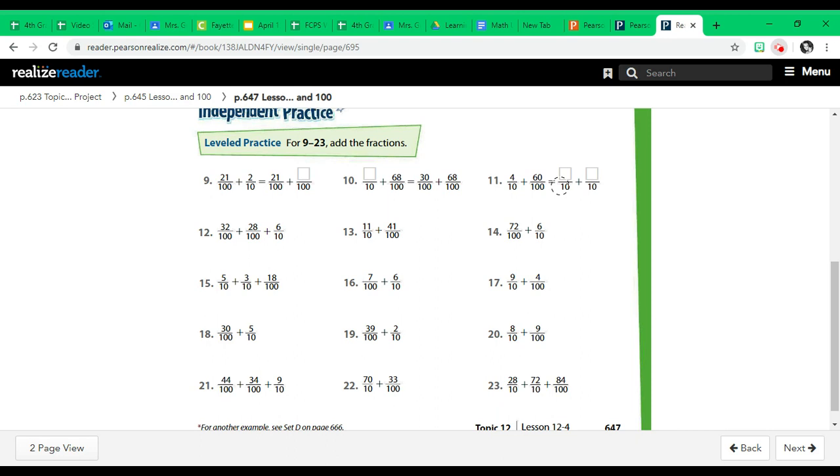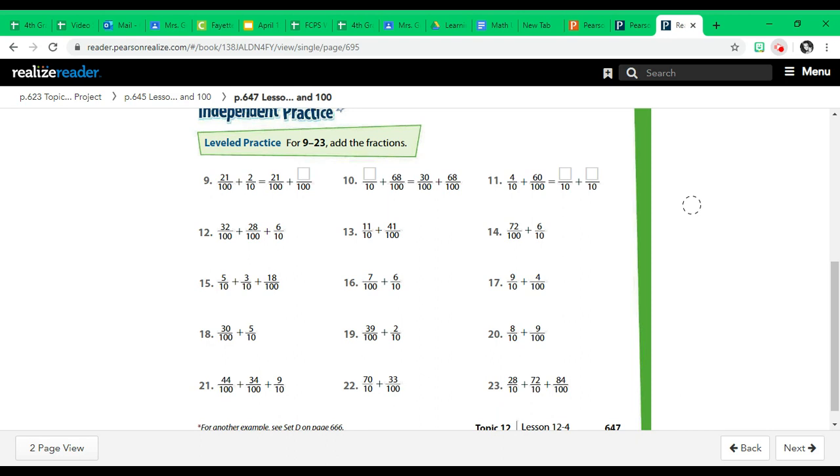You're exactly right, 20/100. Okay, so all you are looking for here is to put a 20 in that box. Same for numbers 10 and 11. They're just wanting you to make it equal on both sides of the equal sign.